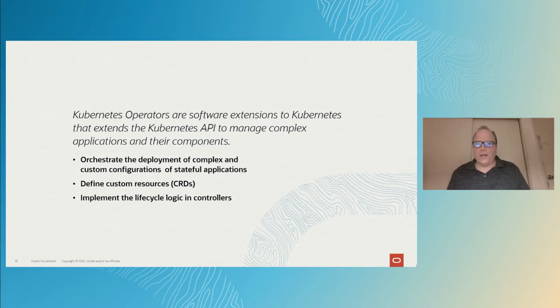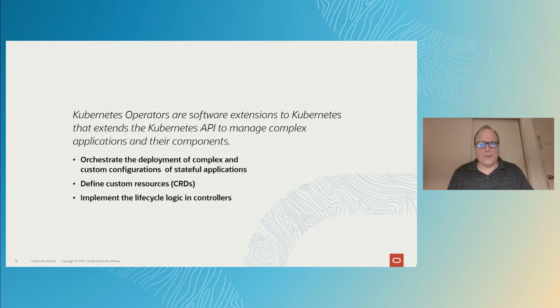Kubernetes is already designed to handle stateless applications, to spawn, kill, clean up any of these nodes in the cluster. But that's relatively easy with a stateless application. But what about stateful applications like a database that's complex? When something goes wrong, you can't just delete it. You need to have specialty knowledge of the database and the contents of the database to be able to know what to do.